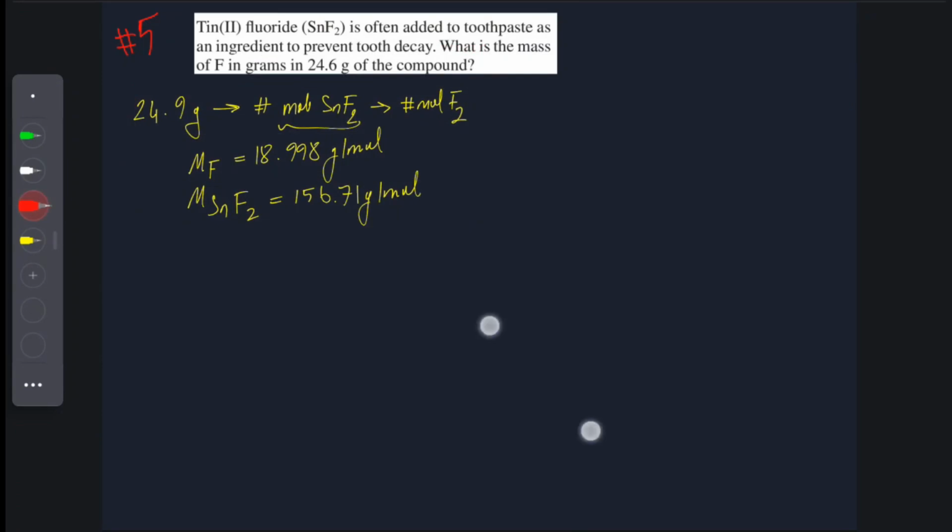So I want to know the mole of tin fluoride. By the way, N represents the mole. And if I want to represent something, I write the name here, but it is not very important.